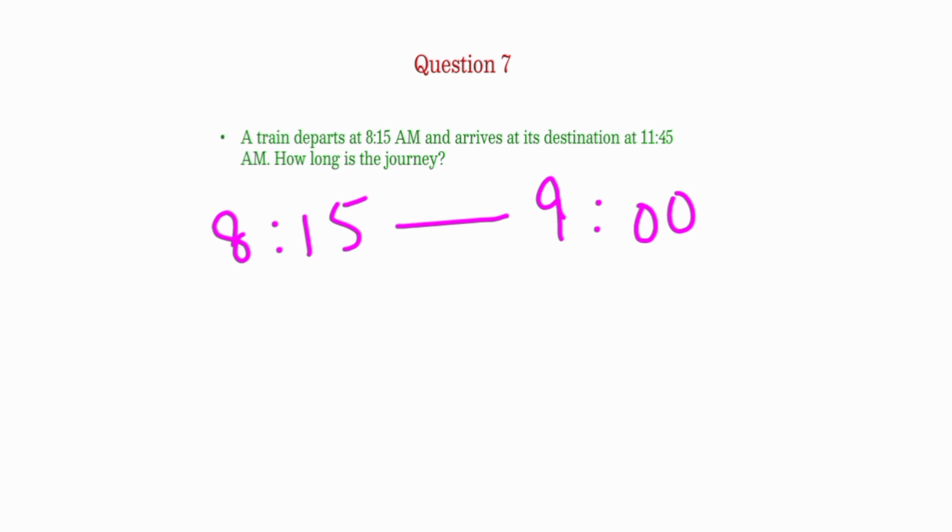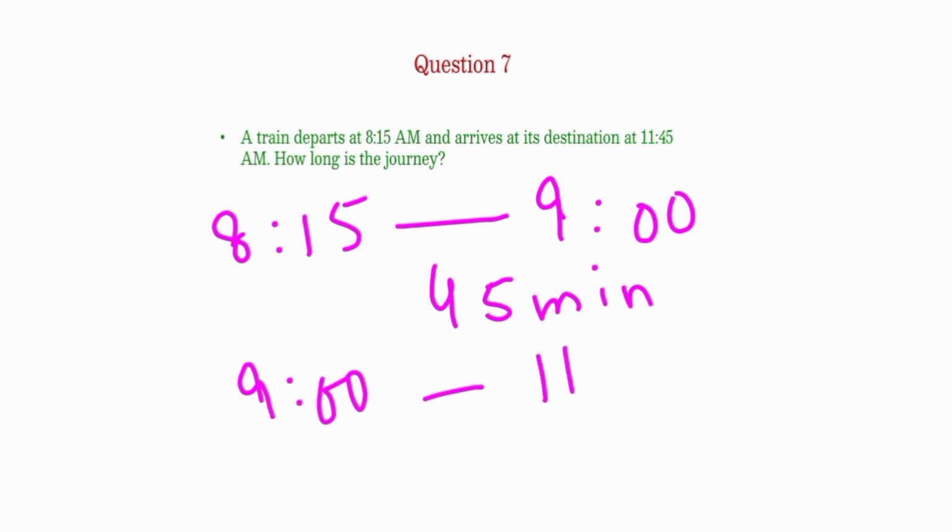Now from 8:15 to 9, if we calculate the time, that is exactly 45 minutes. Now the next step is from 9 to 11. We'll calculate the time from 9 to the next complete hour, that would be 9 to 11.